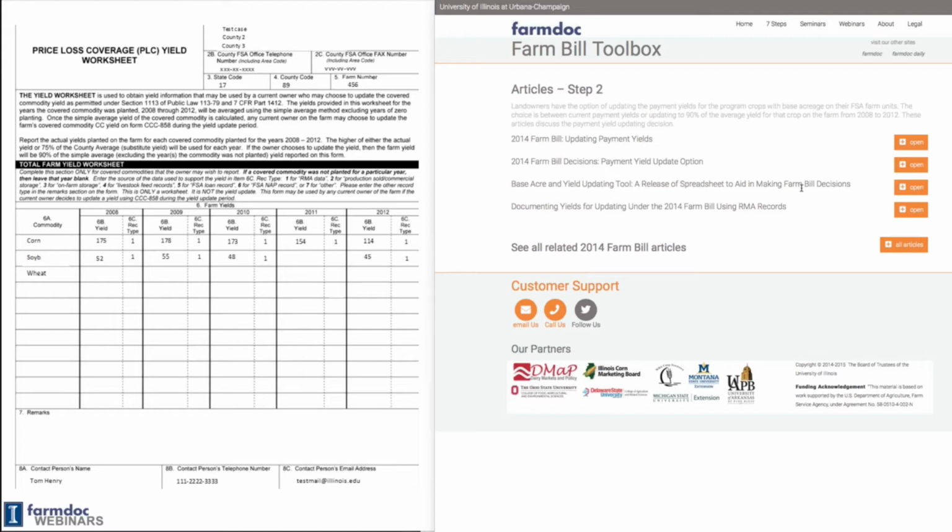If you don't want to do that, some sort of independently verifiable information needs to be in place to make those allocations. So settlement sheets from different farms could be used to do that. That obviously gets into a lot of work, and does impact the time it will take to do this yield updating.